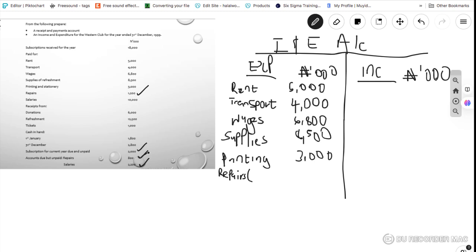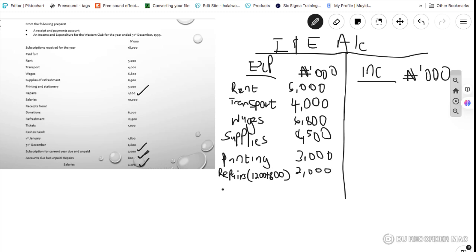That's 800,000 naira. So we have 1,200,000 plus 800,000. That will give us 2 million.